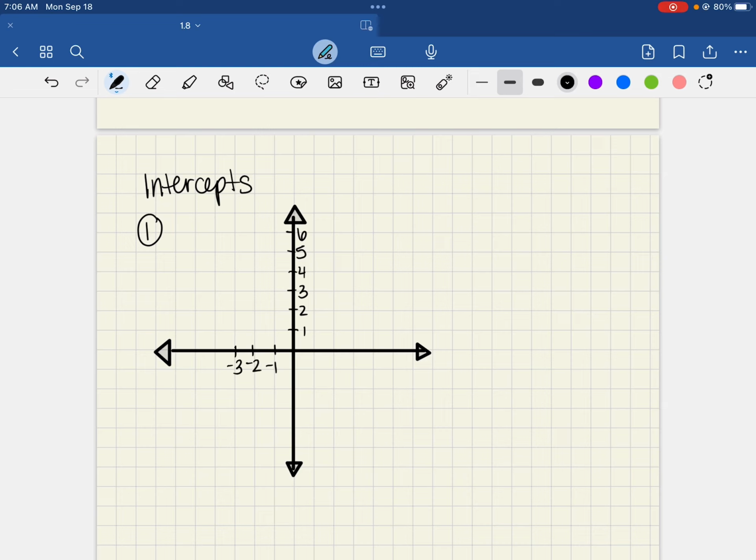As you get more comfortable with graphing, this will go faster. In most cases, you do not need to do a full 10 by 10 grid, but it really just depends on what numbers you're working with.